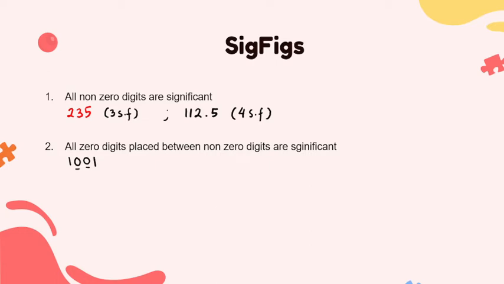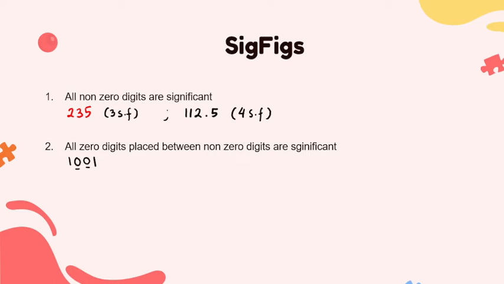Jadi ini akan dianggap sebagai significant. Even this one is also considered as significant. 400.37. This is also significant. Yeah, the zero is considered as significant.